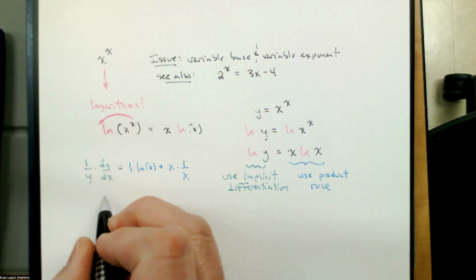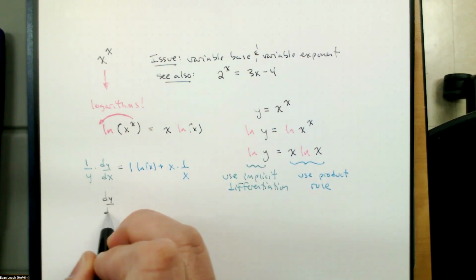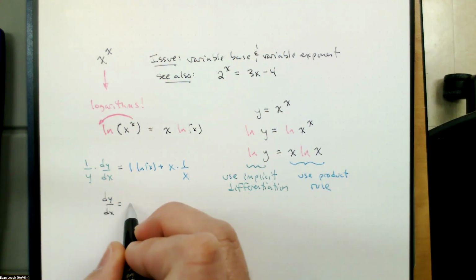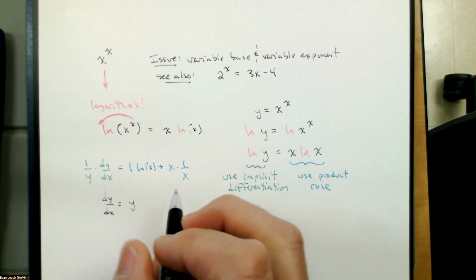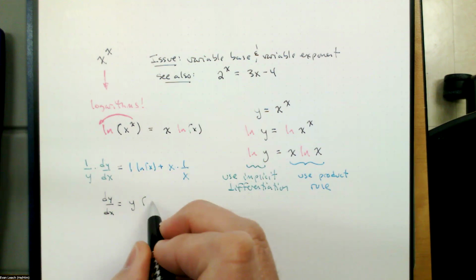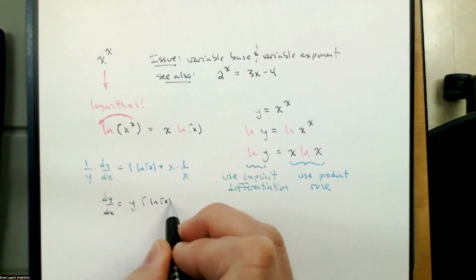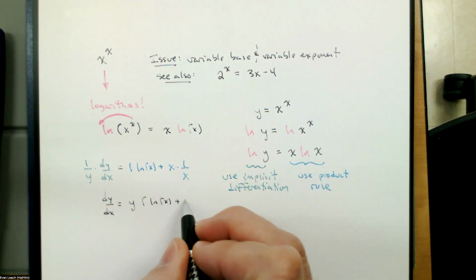So solving for dy/dx, we just multiply both sides by y. And then 1 times natural log of x is just natural log of x. x times 1 over x is just 1.